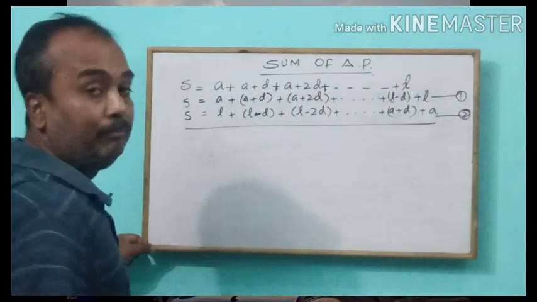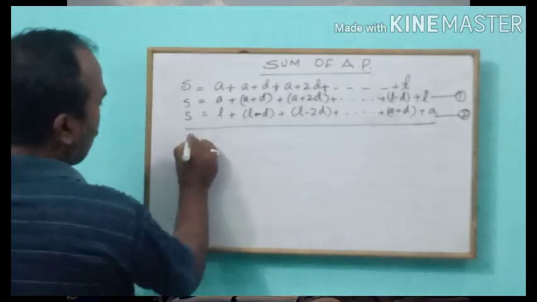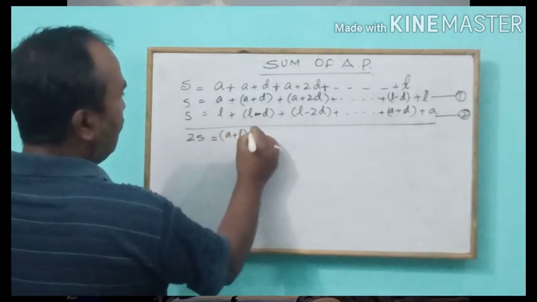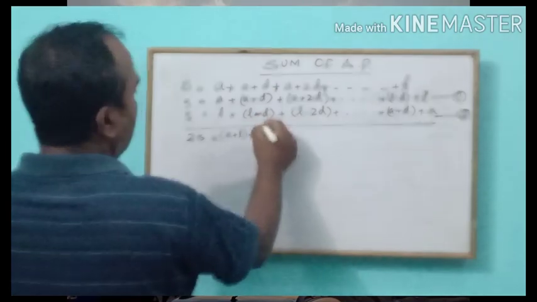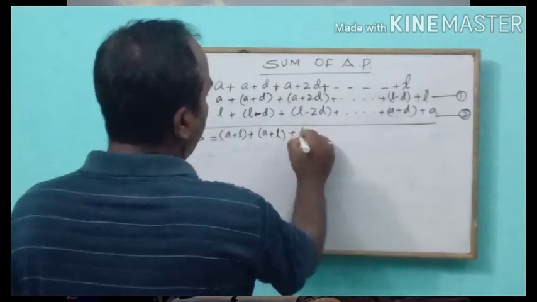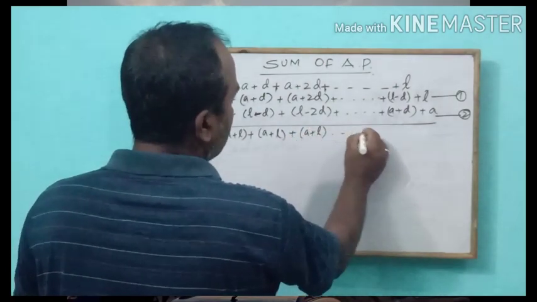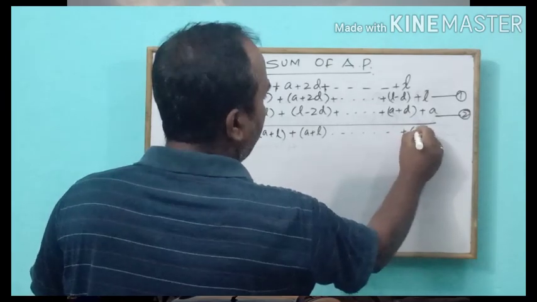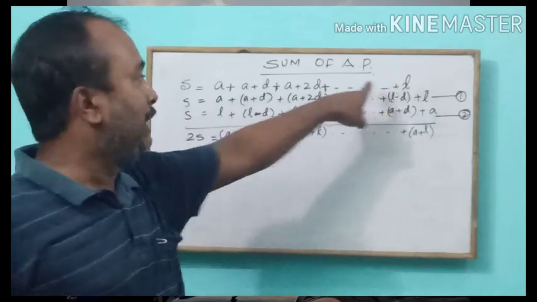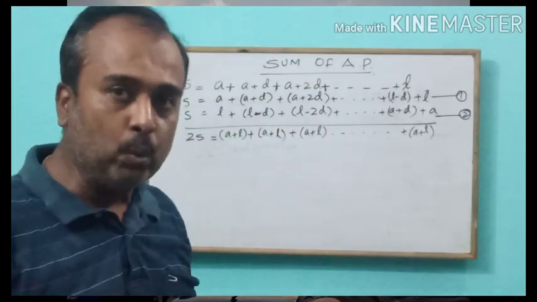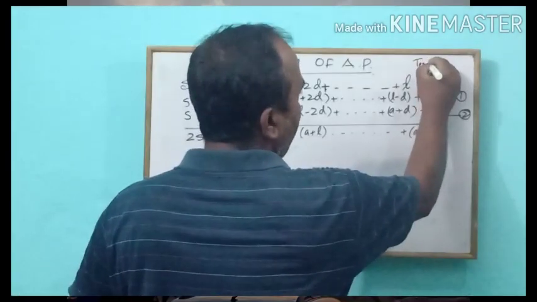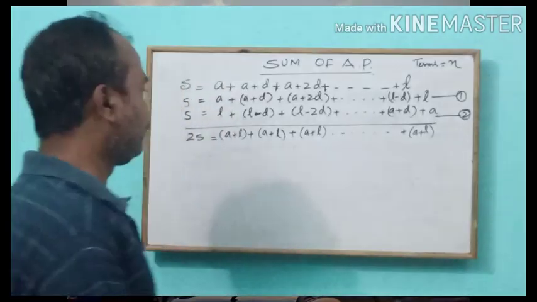If I add both of them, I will get 2S equal to (a plus L) plus (a plus L), because d will cancel. Then again a plus L, and so on, a plus L. Now there are n terms, because we are finding the sum of n terms, total terms equal to n.